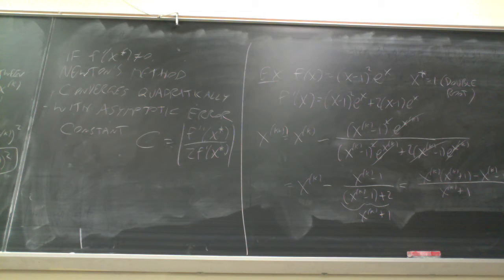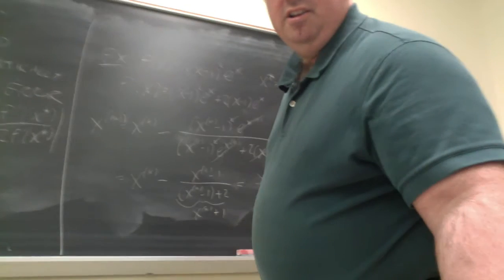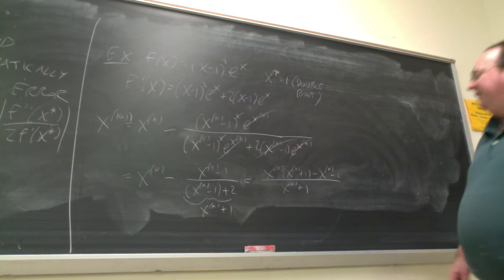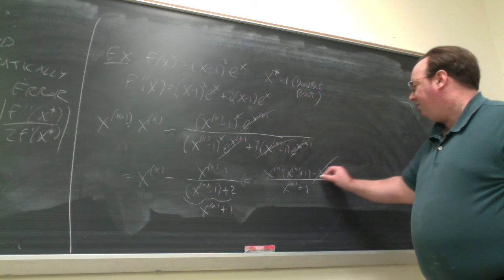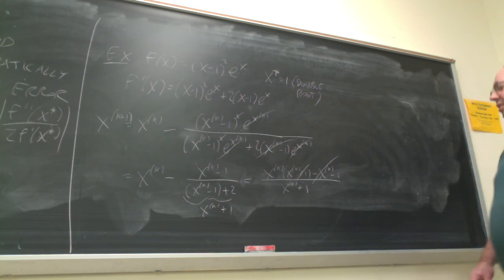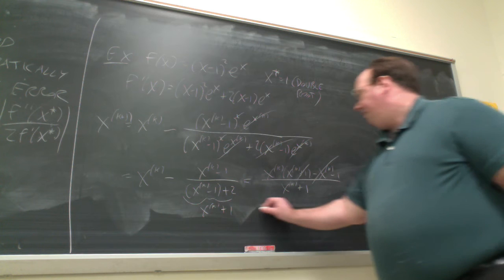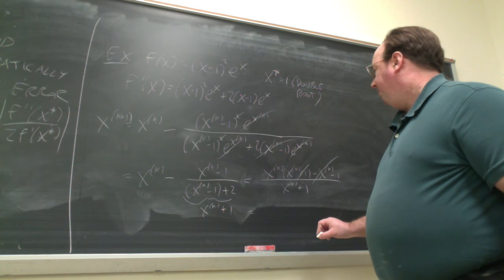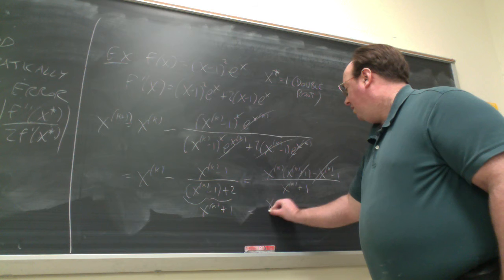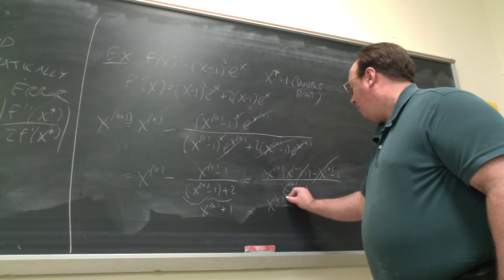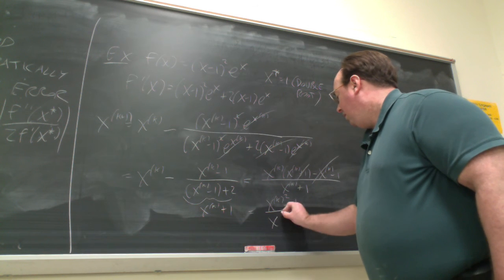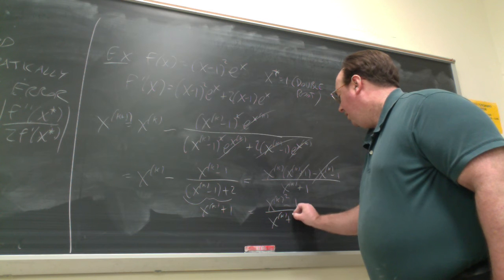And once I simplify this as much as I can, sorry to the viewing audience again, there's going to be some cancellation. So this will cancel and that will cancel. So what's left is xk minus xk squared minus 1 over xk plus 1.